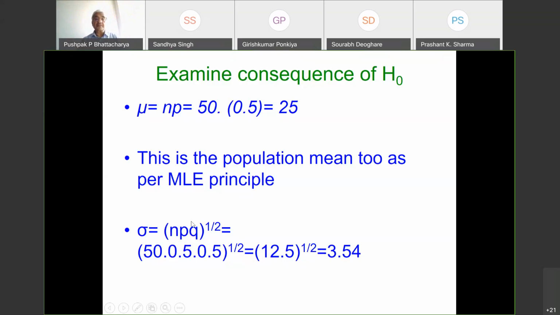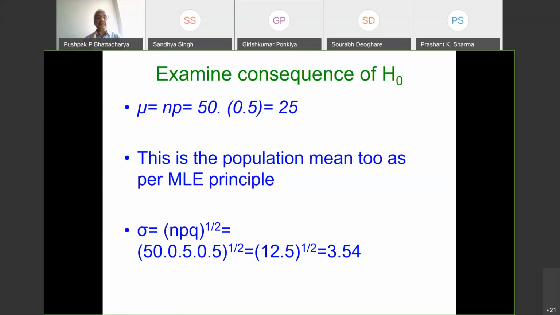So I have got sigma and I have got the mean, which is 25, and by the maximum likelihood principle, this 25 and 3.54 is the best I can do with respect to my guess of the population mean and population standard deviation. I have the population mean and population standard deviation obtained by the maximum likelihood principle from the sample.